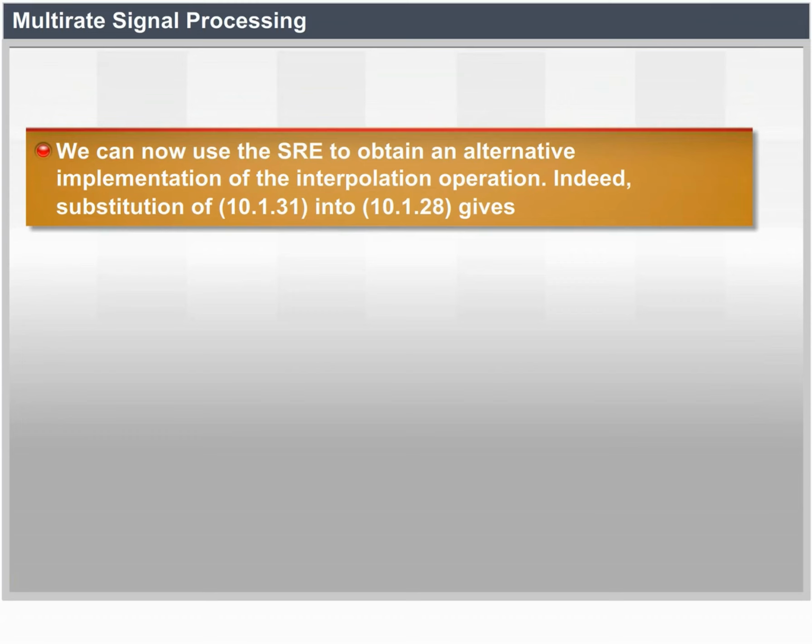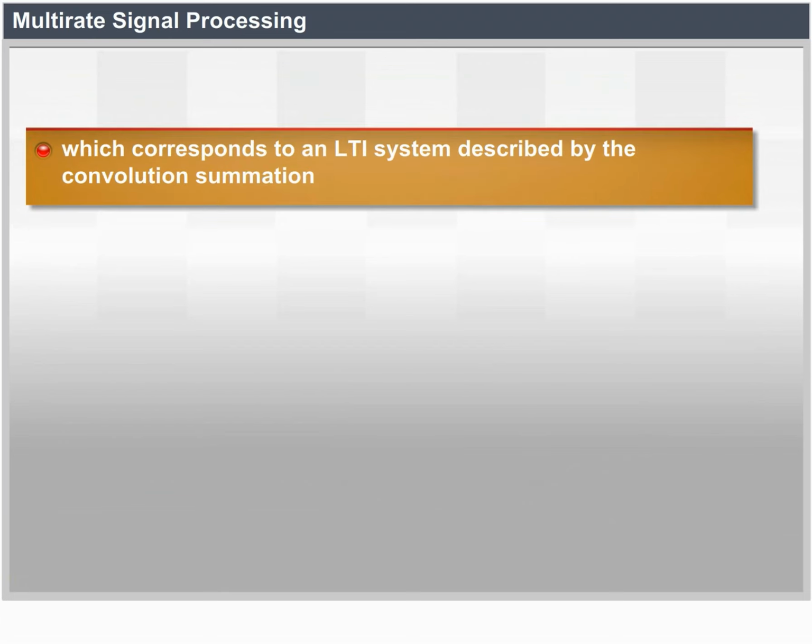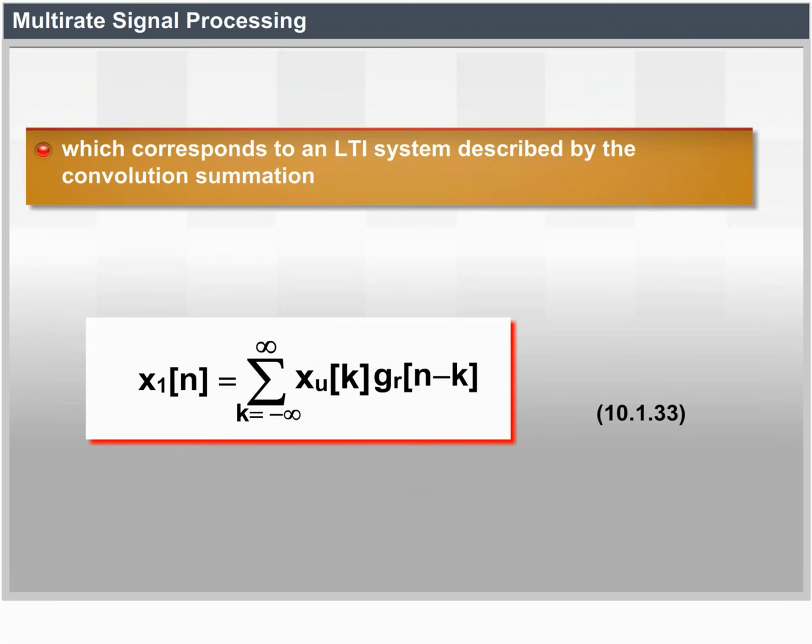Indeed, substitution of 10.1.31 into 10.1.28 gives X1(e^jω) = G_I(e^jω) X_u(e^jω), called equation number 10.1.32, which corresponds to an LTI system described by the convolution summation x1[n] = Σ_{k=-∞}^{+∞} x_u[k] g_I[n-k], called equation number 10.1.33.